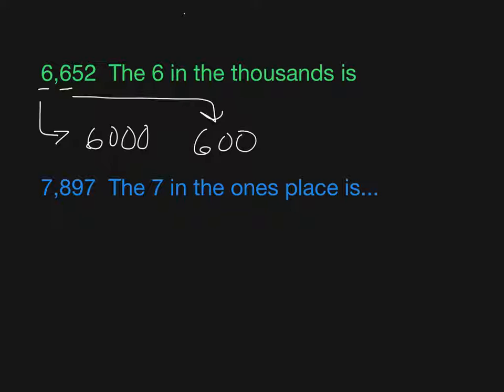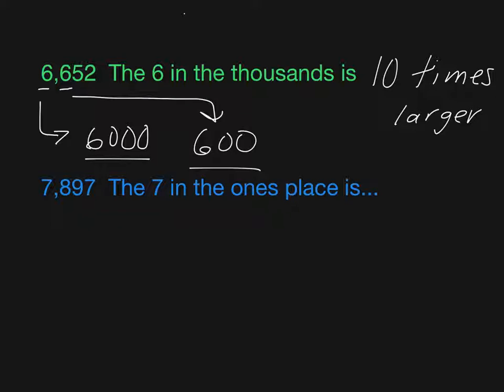So if you remember back to our first slide, we said that to go from one place value to the next, so to go from the hundreds to the thousands, it's times 10. Okay, so we could say that the 6 in the thousands is 10 times larger than the 6 in the hundreds. All right, which with our example I hope makes a little bit more sense. So the 6,000 is 10 times bigger than the 600.